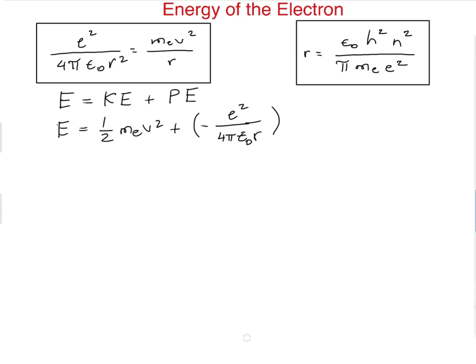Because right now the energy expression depends on the velocity, which we don't want. We want the energy purely in terms of the radius or the quantum number n. So we need to associate the force equation with the total energy, using something we already know.